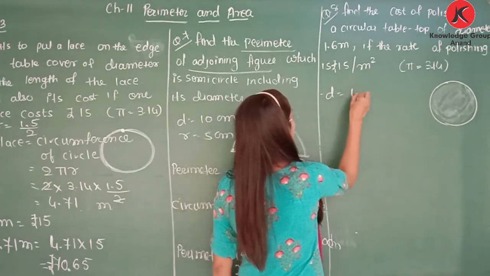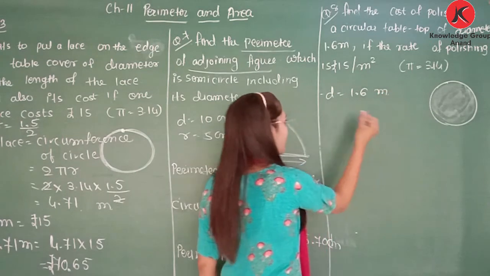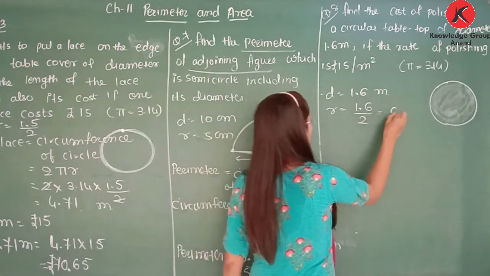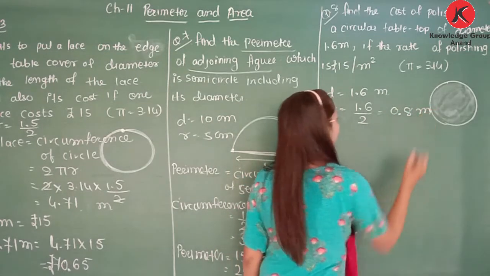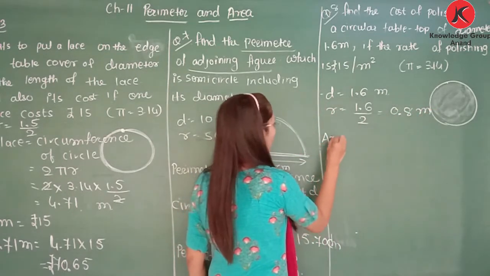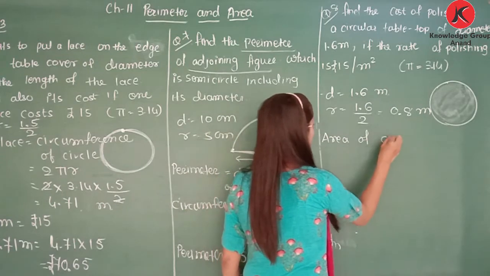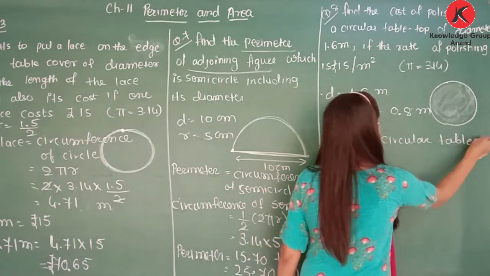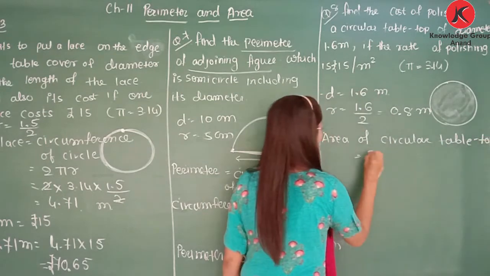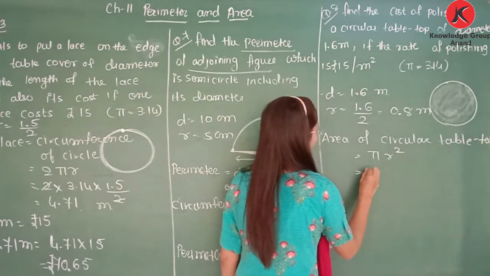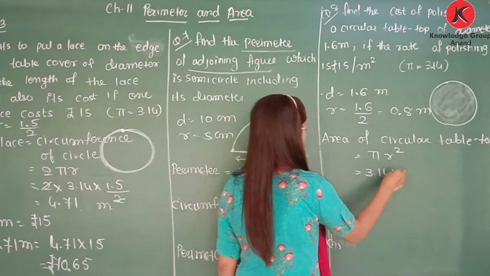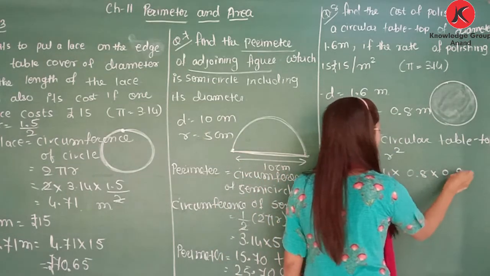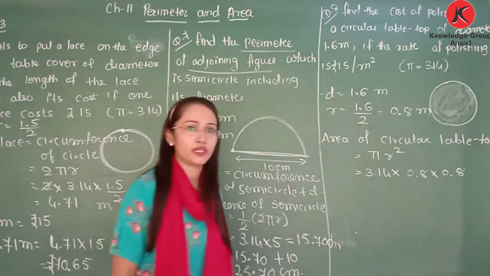First, diameter is given as 1.6 meters, so radius is 1.6 divided by 2, that is 0.8 meter. So area of the circle, the tabletop, is pi r square.